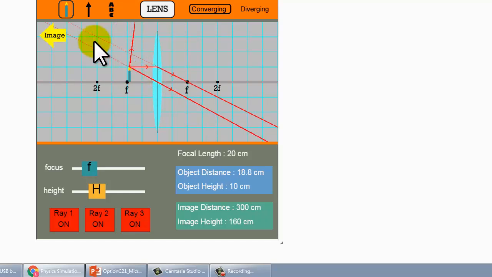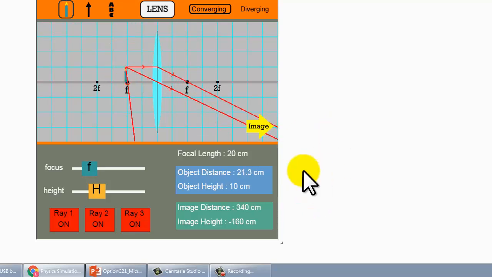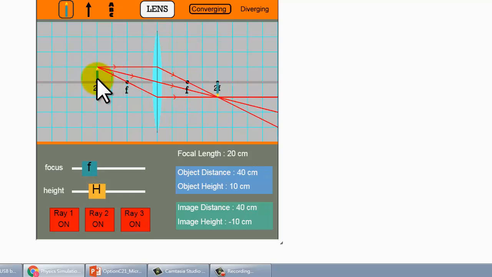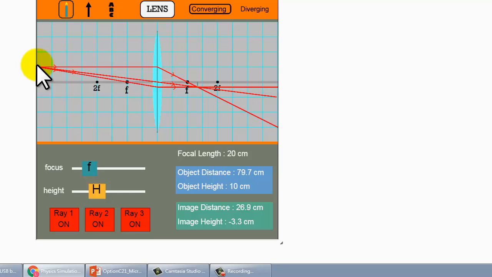It will go from the back infinity to the other end, which is here. And if you look at the similar triangles, you know that the image around somewhere here will be much magnified, and then once you move away from f, it will get smaller, and now it's the same size and then smaller and smaller.